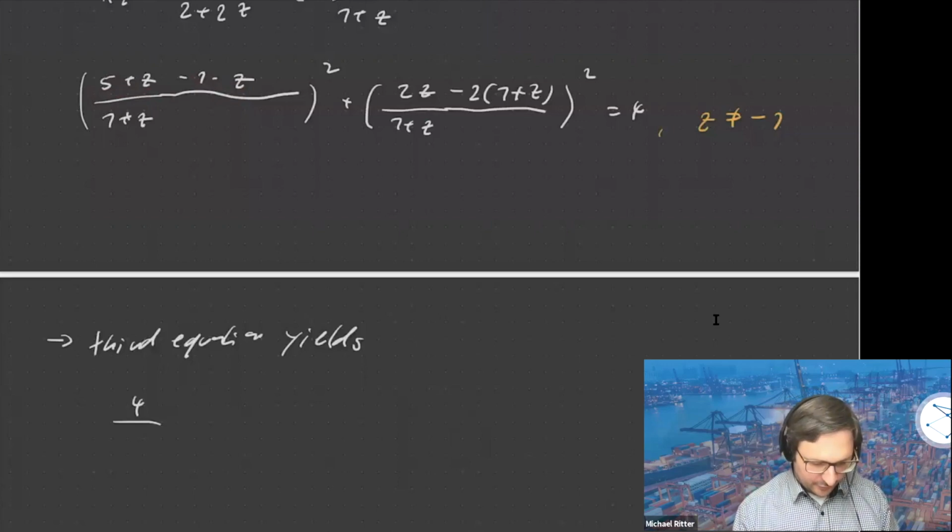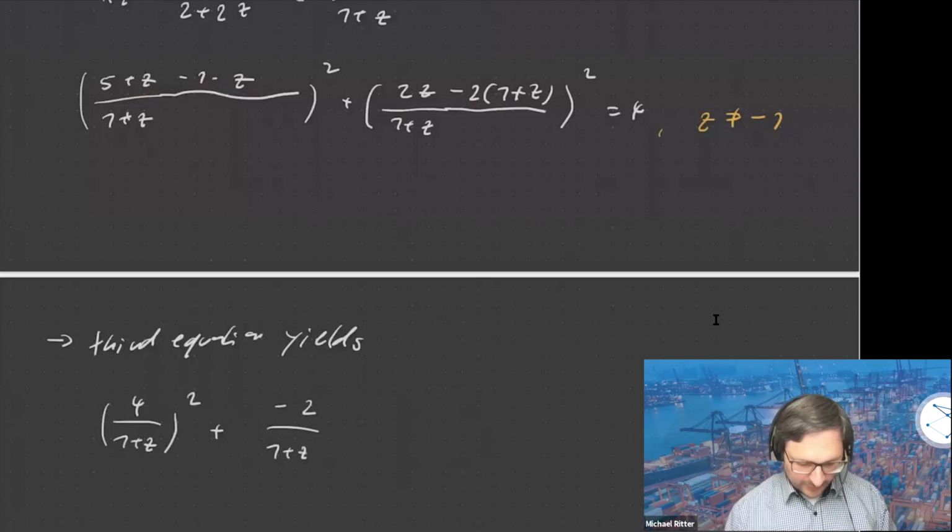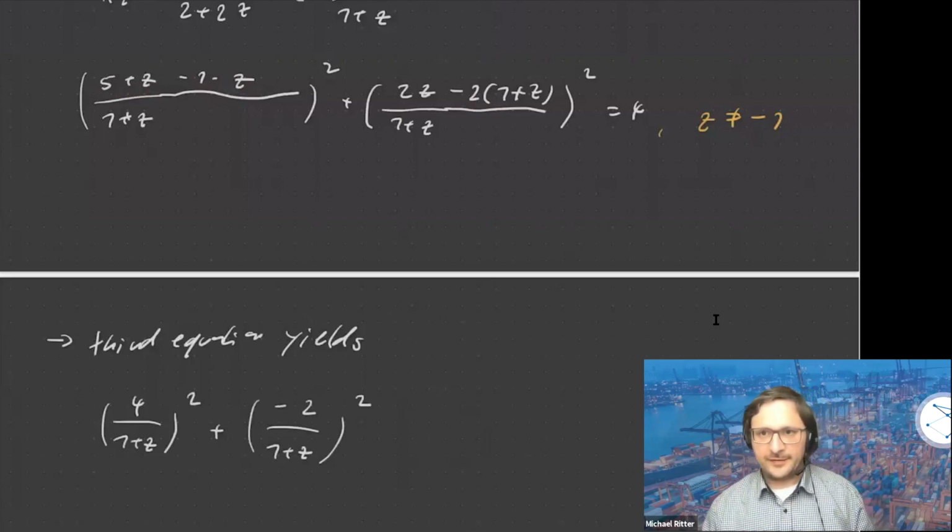So we have 4 over 1 plus z squared plus 2z minus 2z. Again, that cancels out. So we have a minus 2 here. Minus 2 over 1 plus z squared equals 4.